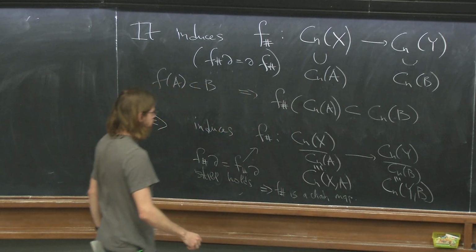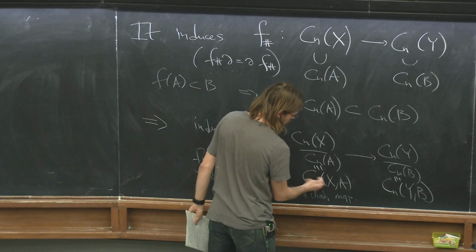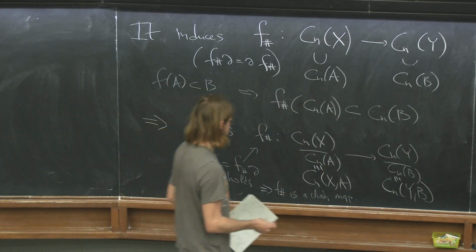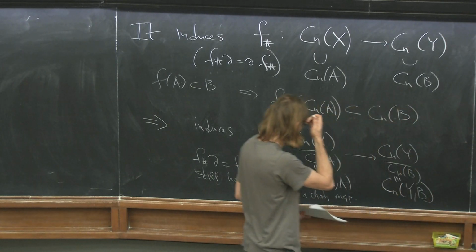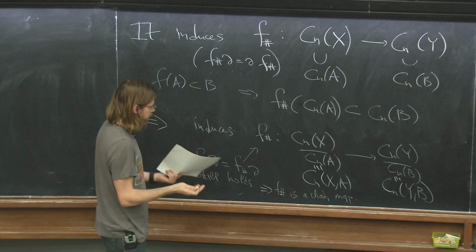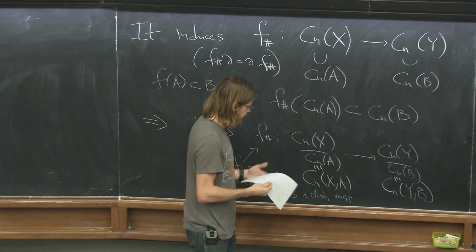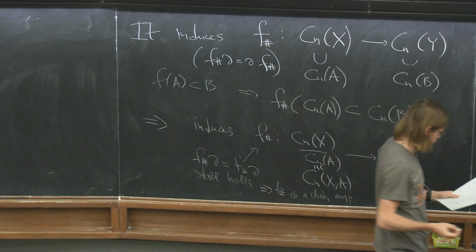from this chain complex to this chain complex. And therefore, whenever we have a chain map between any pair of abstract chain complexes, we know that it induces a well-defined push forward on the corresponding homology groups.